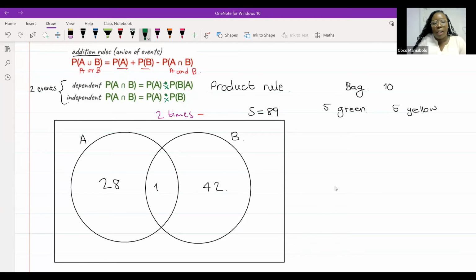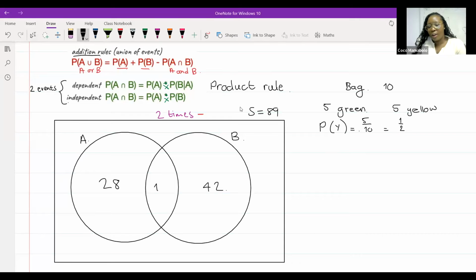Let me ask you guys now, what is the probability that I pick out a yellow sweet? Five over 10, correct, or 1/2, or 0.5.